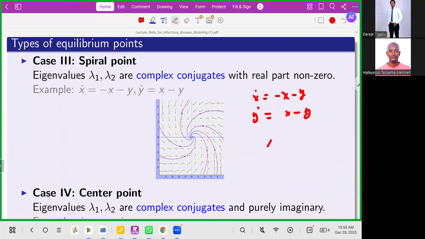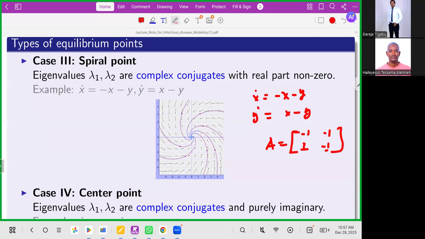I think we can find the coefficient matrix, 1, -1, 1, -1, and we can find the eigenvalues for this equilibrium point. The eigenvalues are complex numbers. I think we can find the eigenvalues, but I'm not taking the time now.